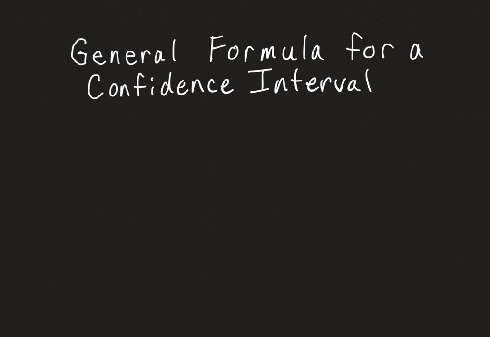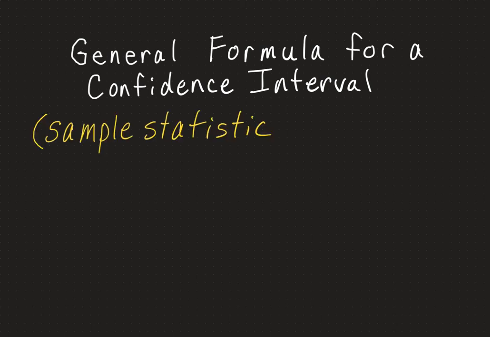As we have been working with confidence intervals in StatKey, we have used this general formula for a confidence interval without really identifying it, but that formula is whatever sample statistic you are working with plus or minus z star times the standard error. As we have been working with StatKey, we have allowed it to provide us with the standard error.